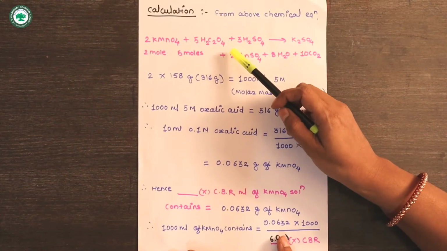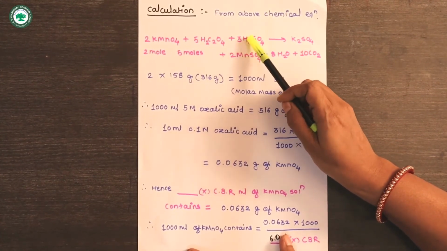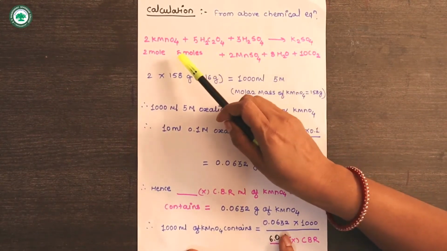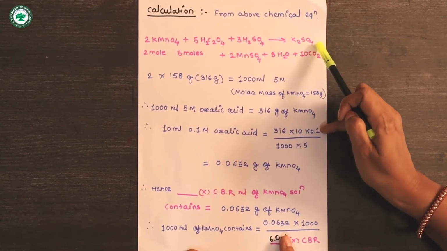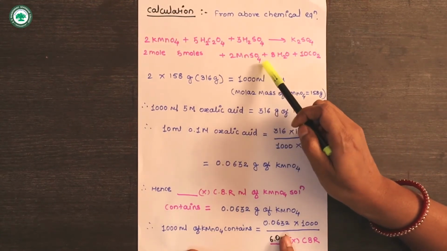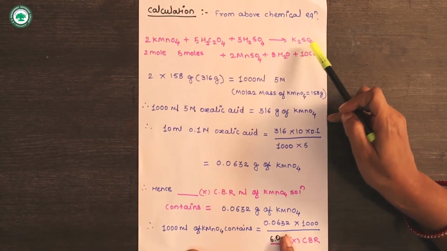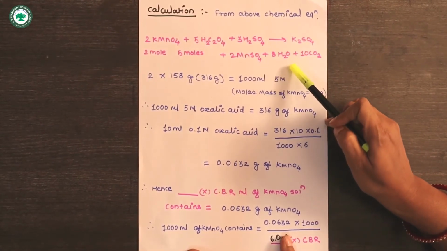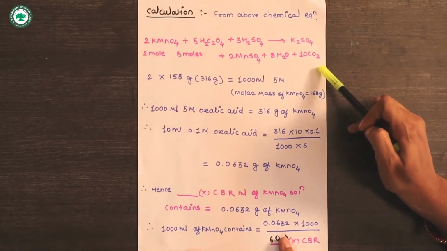Then in that solution, diluted H2SO4 is added: 3 moles of H2SO4. The reaction forms K2SO4, 2 MnSO4 (manganese sulfate), 8 molecules of water and 10 CO2 gas.